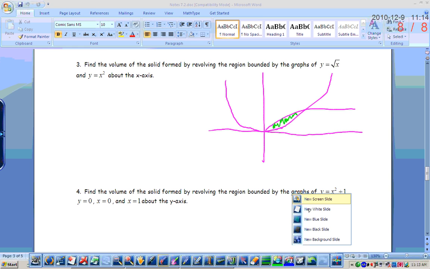Okay, so the part that's bounded, that's x squared, and that's root x. And we're trying to revolve it around the x-axis.